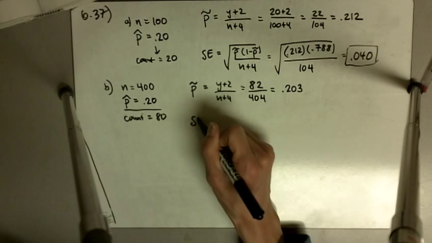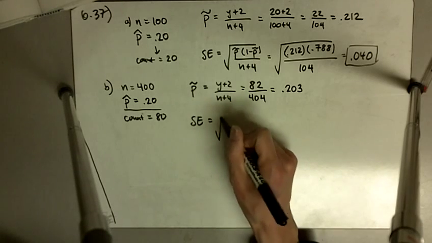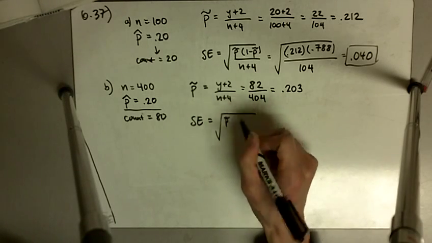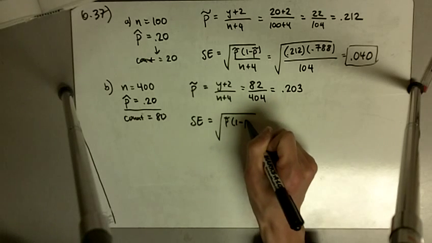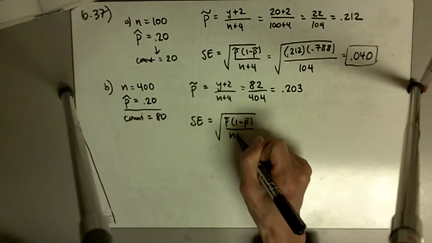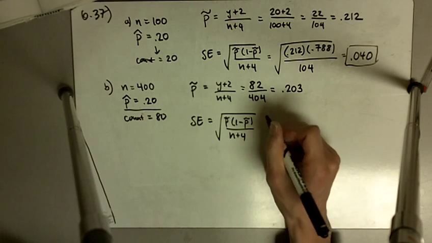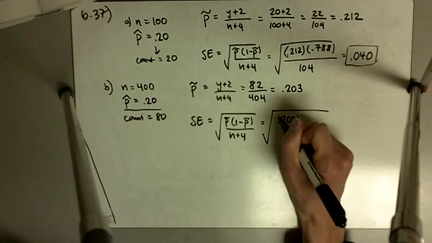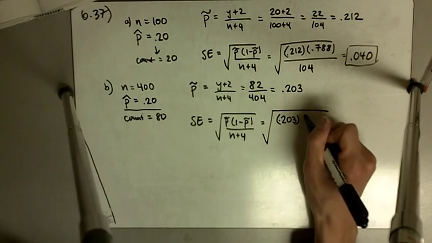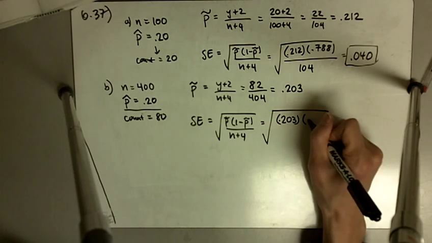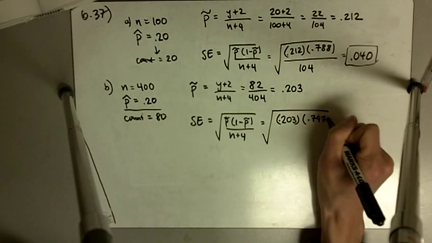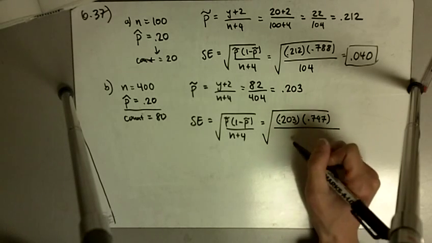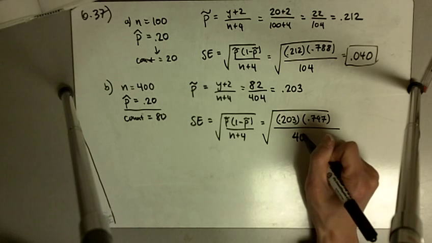And the standard error is given by the same formula, the square root of p squiggle times 1 minus p squiggle divided by n plus 4, and we get the square root of 0.203 times 1 minus that, so that's going to be 0.797, divided by n plus 4, so 404.